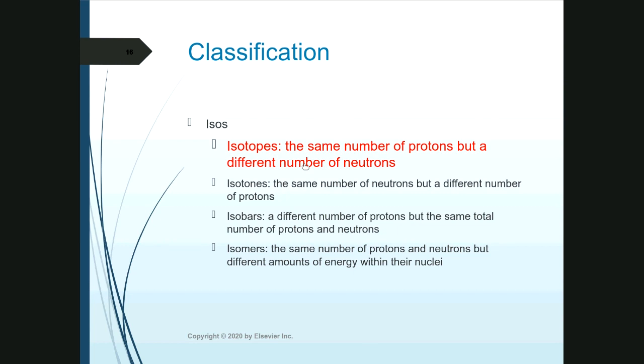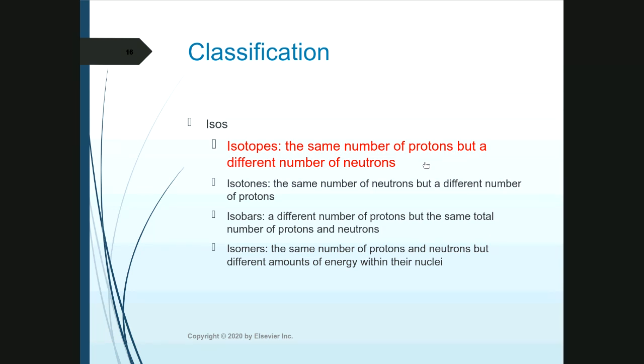An isotope is where an element has the same number of protons, but a different number of neutrons. So the weight, the atomic mass, would be different, even though it would be the same element. So an isotope has the same number of protons, different number of neutrons.